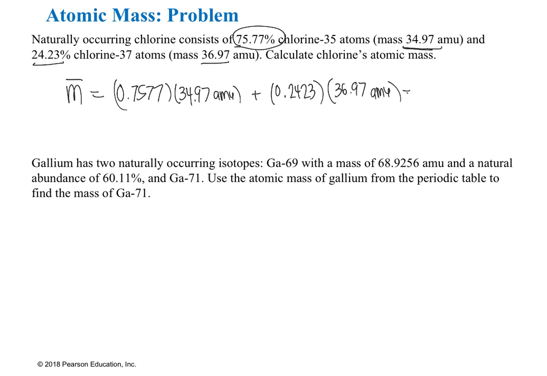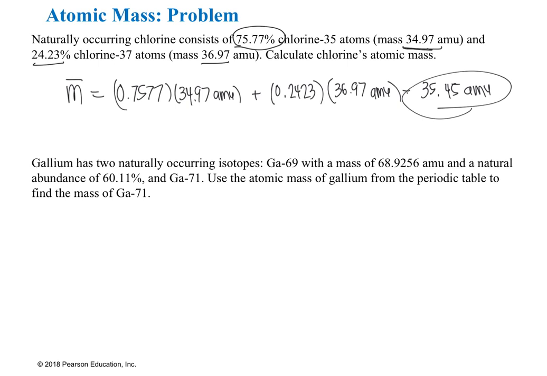I encourage you to put that in your calculator so you can practice getting that value, and you should get 35.45 AMUs. And you know where you can double check? Periodic table.